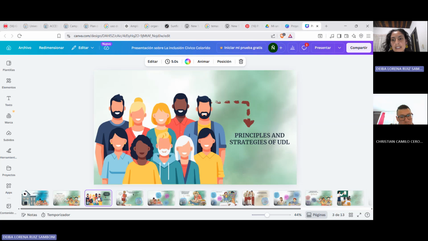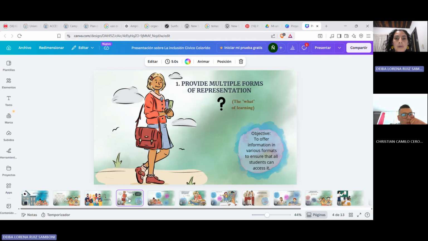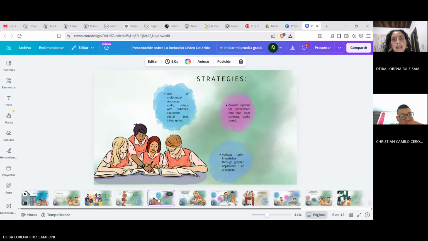Principles and strategies of UDL. Number one, provide multiple forms of representation, the what of learning. Objective: to offer information in various formats to ensure that all students can access it.